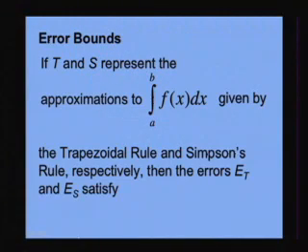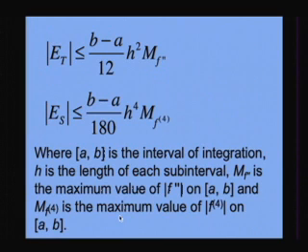If capital T and capital S represent the approximations for the trapezoidal rule and the Simpson rule, of course, of the integral evaluated from a to b of f of x dx given by the trapezoidal rule and Simpson's rule, respectively, then the errors E sub T and E sub S satisfy the following formulas.